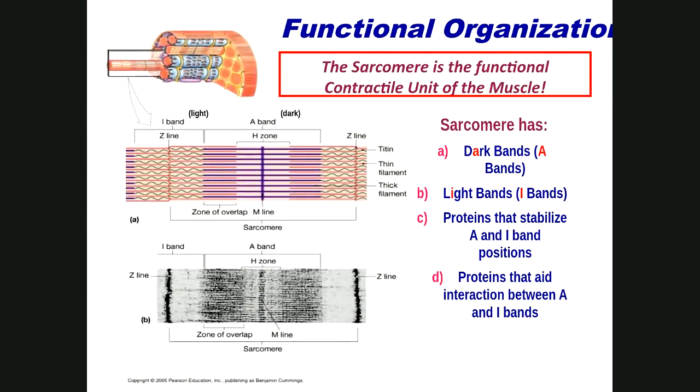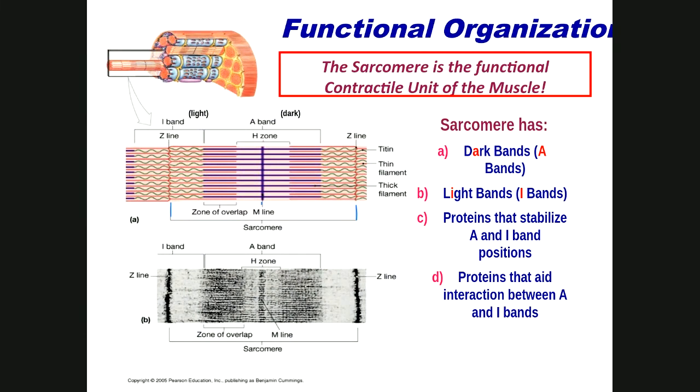So let's review it again. We could see the sarcomere is right here, right? Which is the functional contractile unit of the muscle. The M line is the center, and the M line connects to these thick filaments.